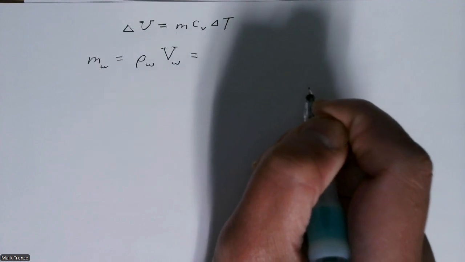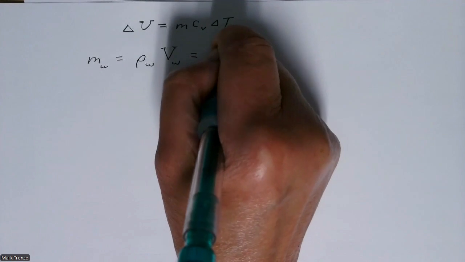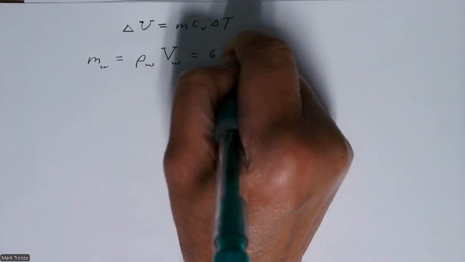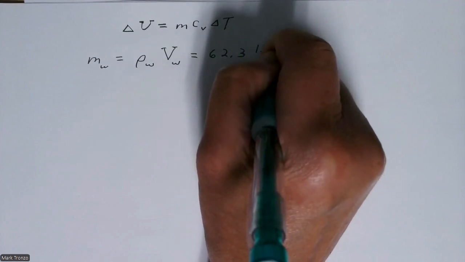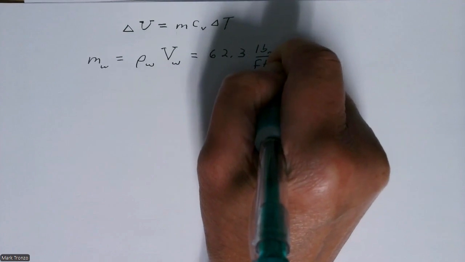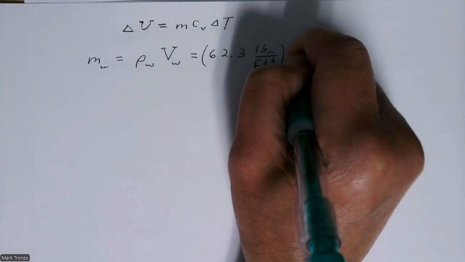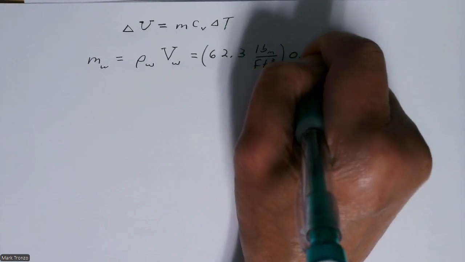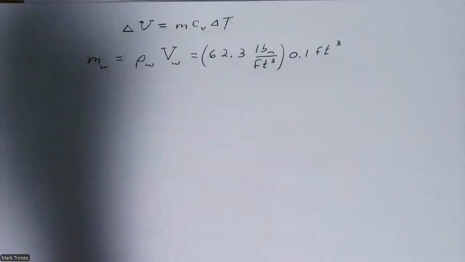In our case, we just determined that rho is 62.3 pound mass per foot cubed. And then this will be 1.1 foot cubed.